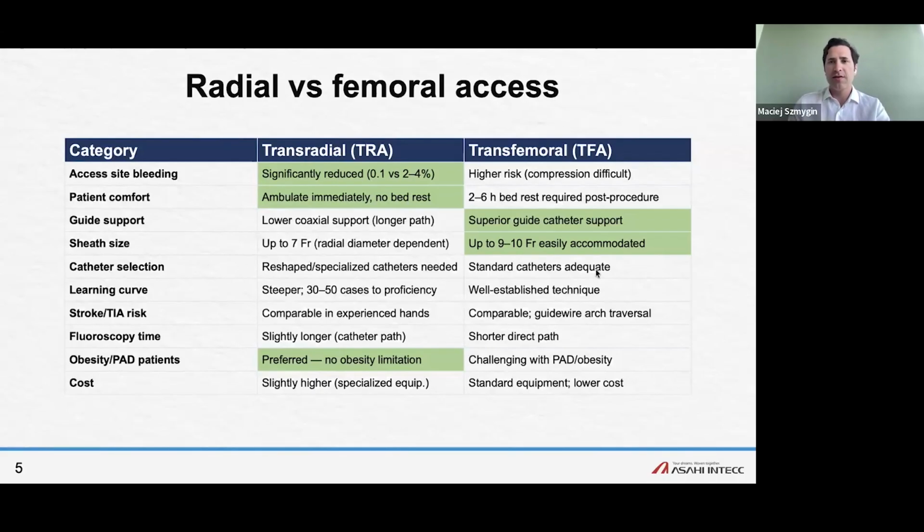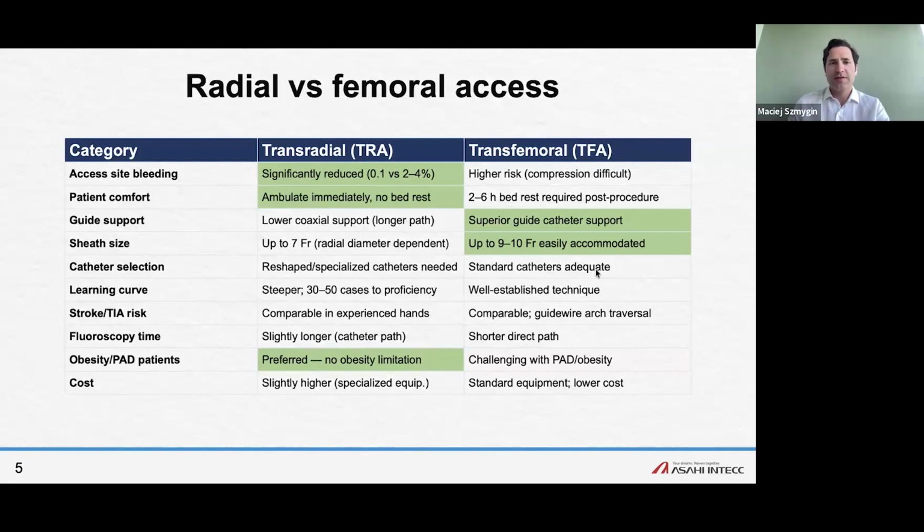Sheath size is definitely something to consider because we cannot go very high with radial access. This is a clear advantage of femoral access, but in the majority of procedures we can use up to 7 French, which is okay, and we have a lot of catheter selection. Of course, the learning curve is a bit steeper, because we have to do up to 50 cases to be proficient, whereas femoral access is much easier.